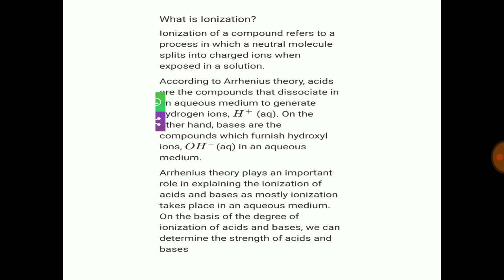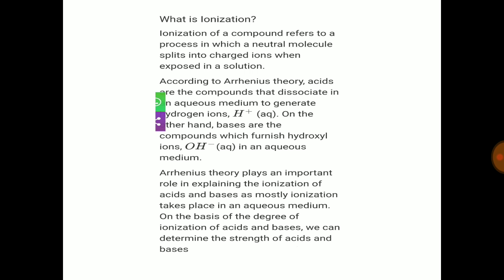This theory plays an important role in explaining the ionization of acids and bases, as mostly this ionization takes place in aqueous medium. That is, compounds or molecules produce ions mostly in aqueous medium. On the basis of the degree of ionization of acids and bases, we can determine the strength of acids and bases.